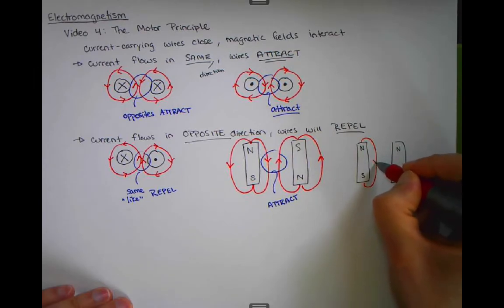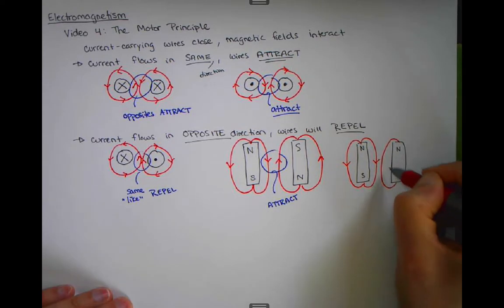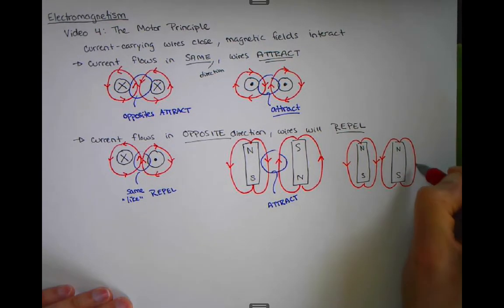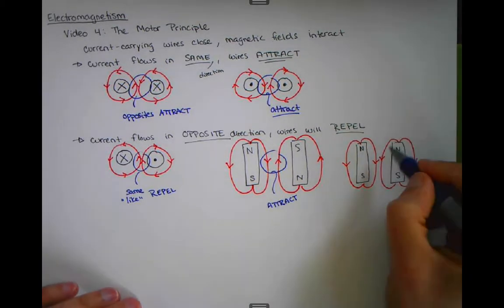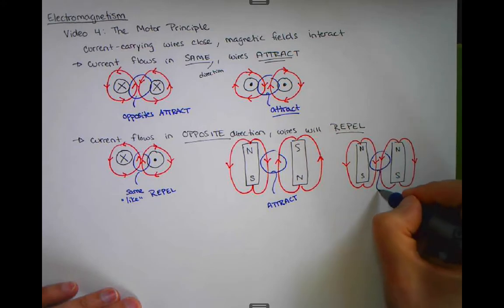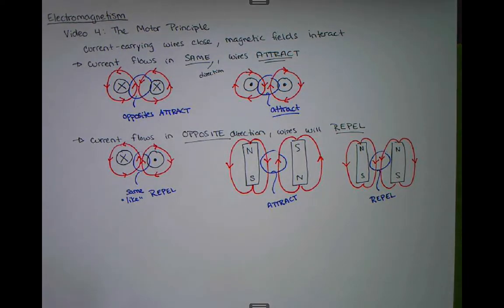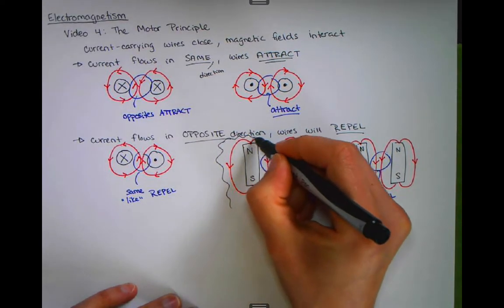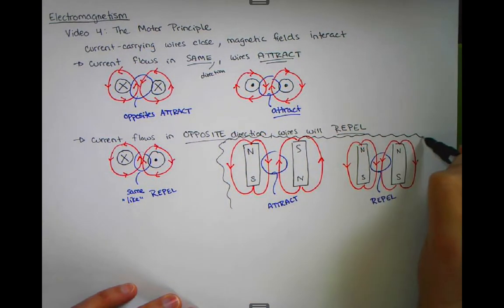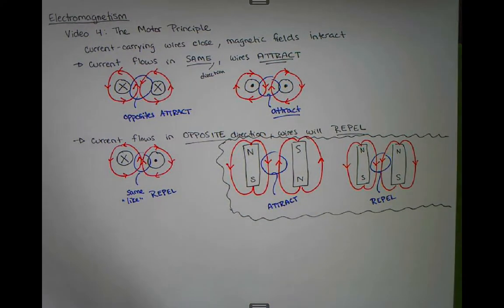But here, this is showing you why that actually happens, because their magnetic fields are in the same direction, and we know that when things are in the same direction, or they're like, these will repel. Right? So you're analyzing the direction of those magnetic fields. So this is kind of its own, this doesn't have to do with current carrying wires, this is kind of its own little side note here. And you apply the same principles to bar magnets.